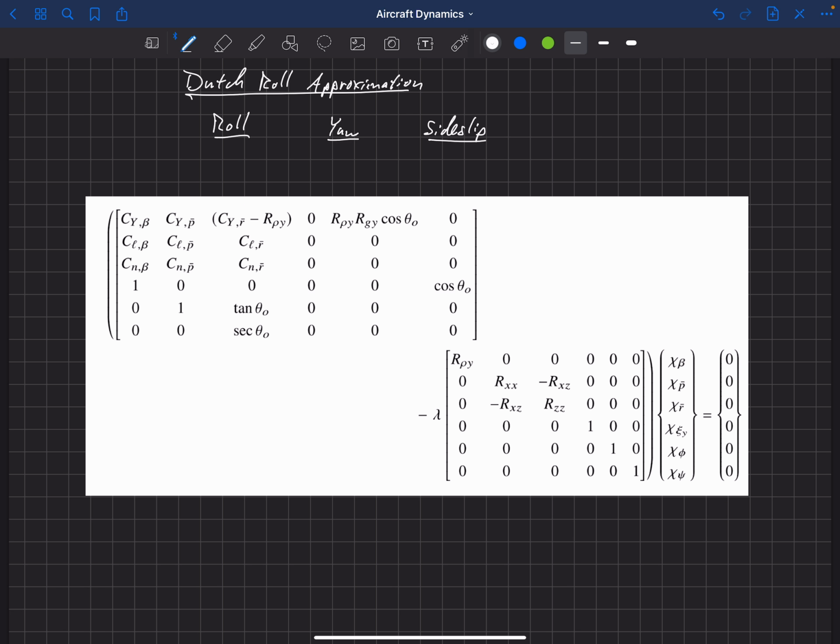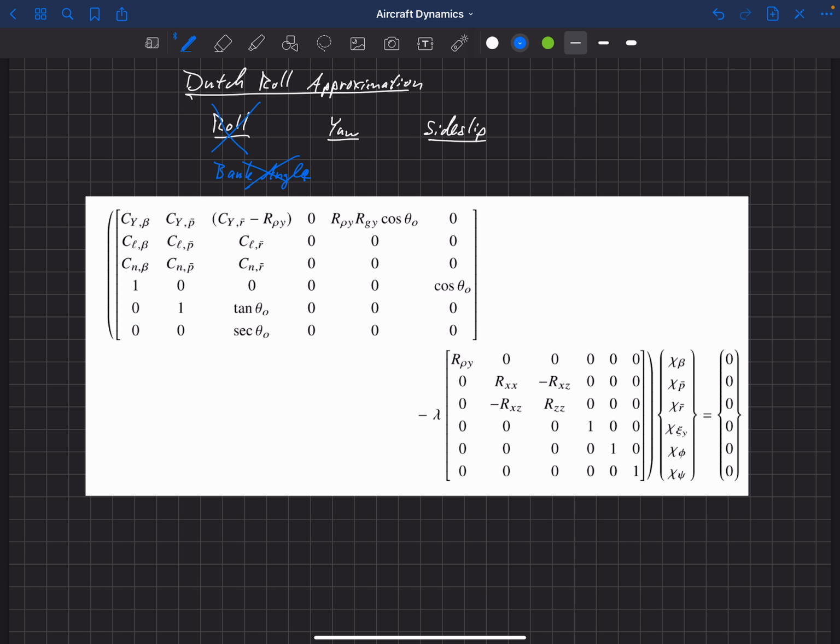And the traditional approximation actually neglects the roll, okay? And by so doing also neglects any dependency on bank angle. So this is the traditional approximation, and if you use these linearized equations, which we've developed previously, this is the general eigenproblem that we're looking at.